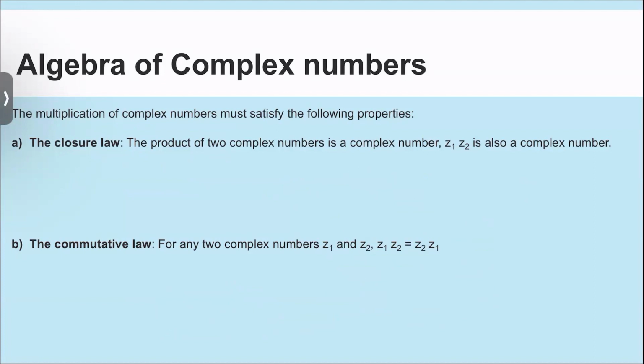The first one is the closure law. The product between two complex numbers is written in the form (AC minus BD) plus i(AD plus BC).